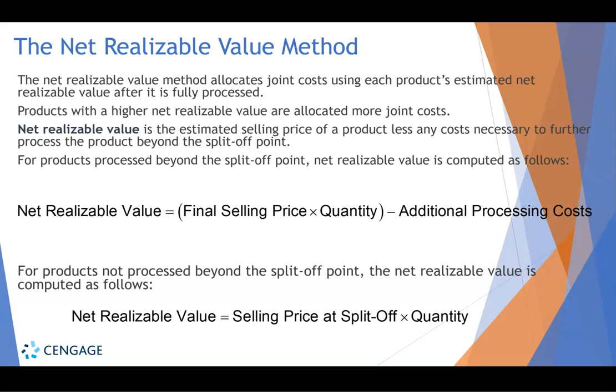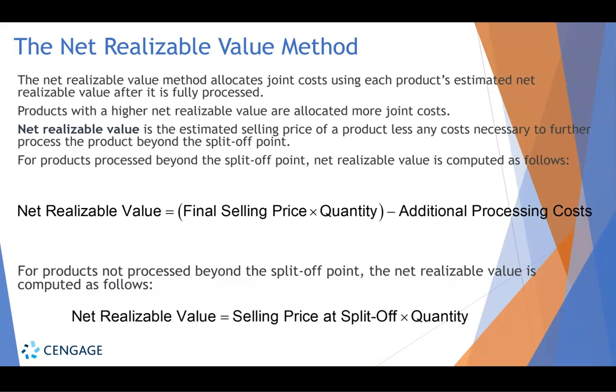Net realizable value is the estimated selling price of a product less any cost necessary to further process the product beyond the split off point. For products processed beyond the split off point, we compute the net realizable value by the final selling price times the quantity minus any additional processing costs that have to occur.